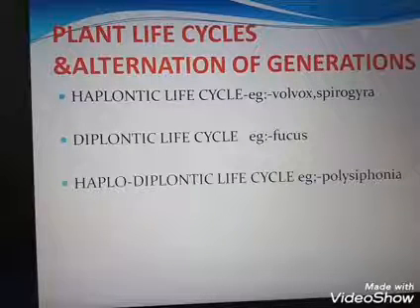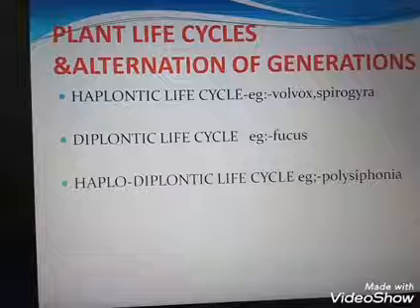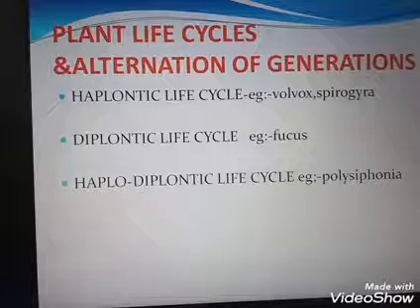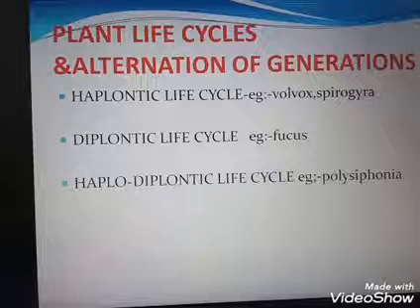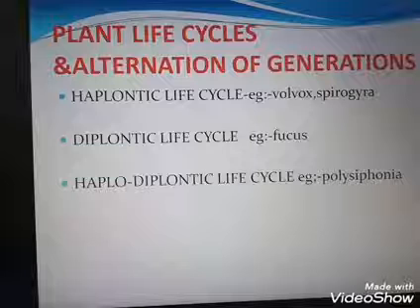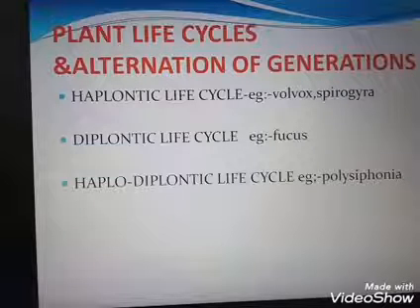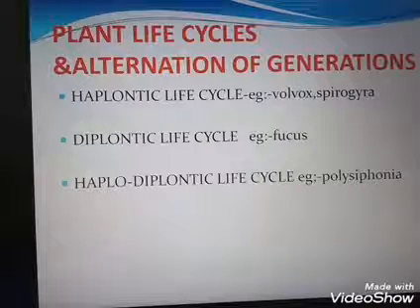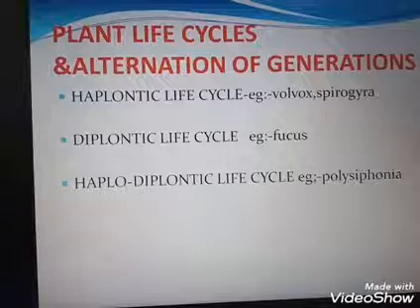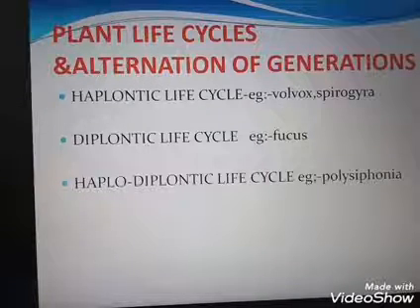In the case of Fucus also, the diplontic life cycle is present. Haplodiplontic life cycle: here both stages are present and are equally important. Polysiphonia, Ectocarpus and kelps are examples for the haplodiplontic life cycle.